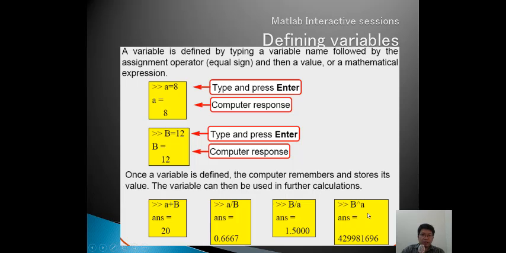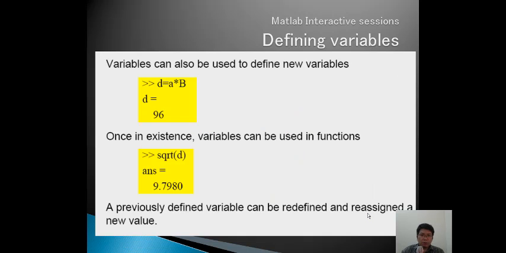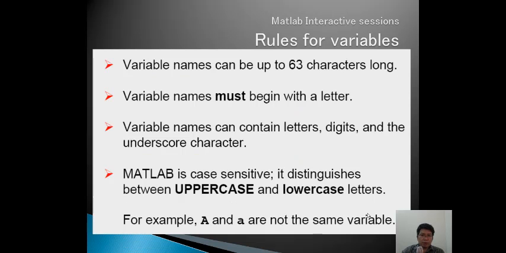Try not to use something very long, more than 63 characters, and be careful with upper and lower case, because Matlab is case sensitive. This means capital A and normal a are different.